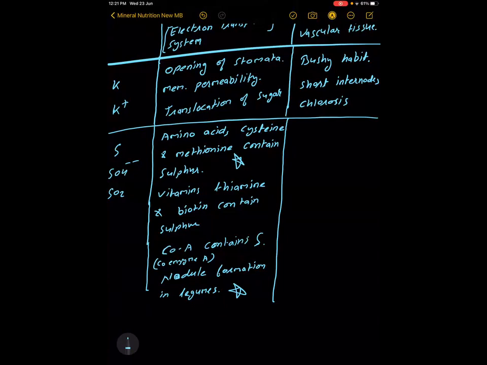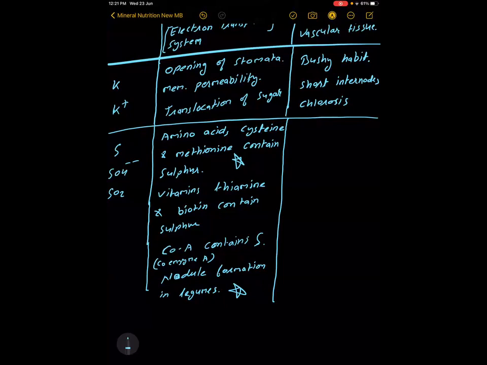Here sulfur and calcium are non-movable, immovable materials that cannot be remobilized. So if sulfur is absent, chlorosis starts first in young leaves, not old leaves.